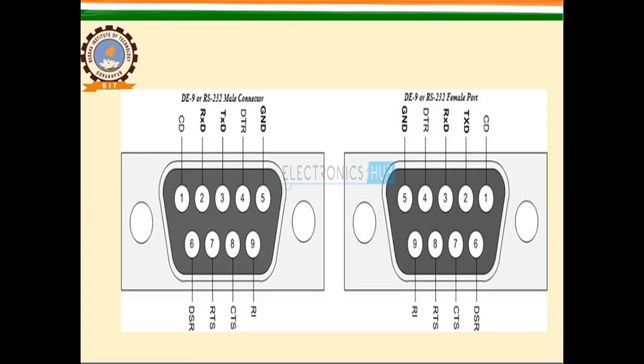In male connectors, the numbering of pins is from left to right. It's 1, 2, 3, 4, 5, starting from CD, then RXD, then TXD, then DTR, and then GND.